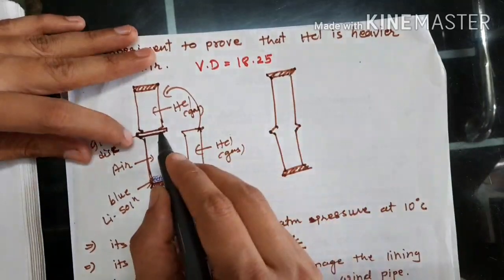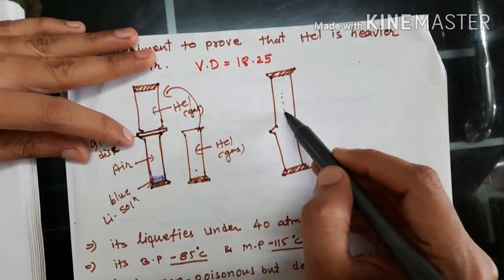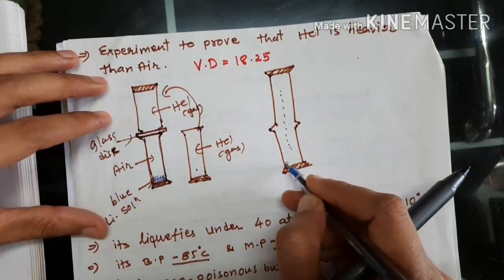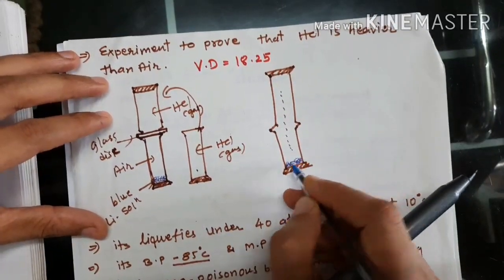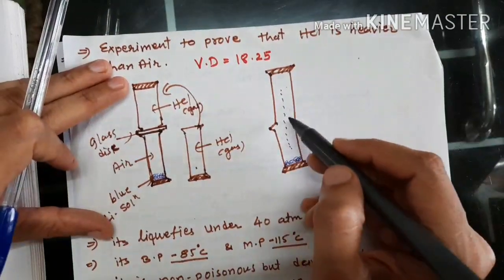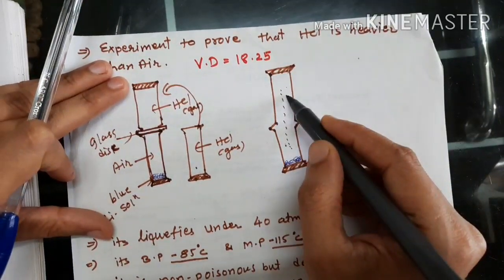So what happened is that the HCl is coming down here. We have already filled a blue litmus solution here. When the HCl gas comes here, because it is heavier, definitely air is present above and HCl gas is present below.